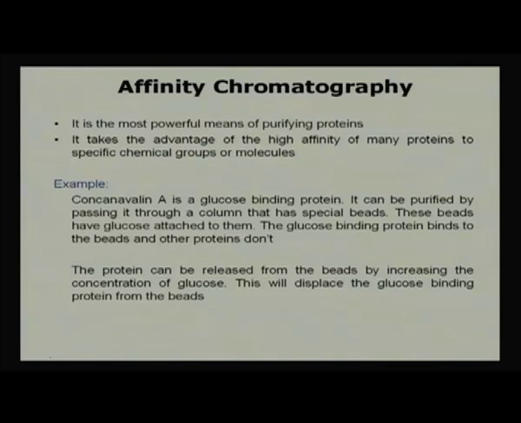So, these are the biological properties. Similar to the earlier chromatographic technique I discussed, hydrophobic molecules are associated, and we make that environment a little more favorable so that the binding is stronger and the resolution is very good.